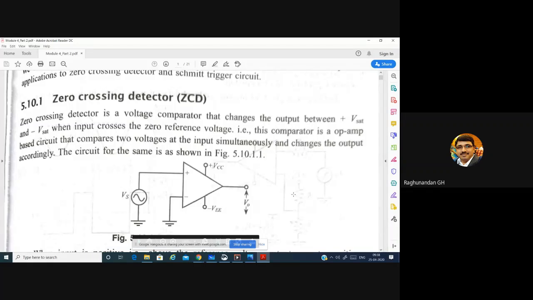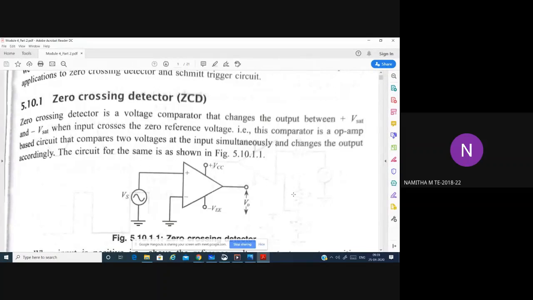Can anyone tell me what is the saturable property of an op amp? Mamita, are you there?